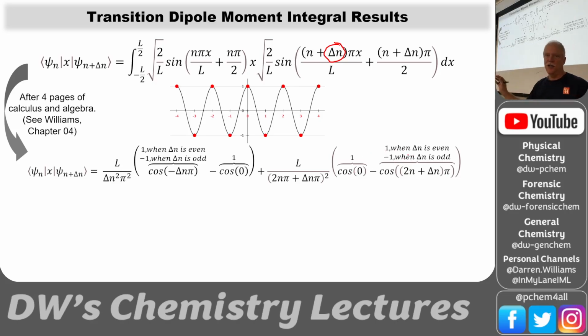It turns to 0 whenever we have a delta n of an even number. So if we're trying to go from 1 to 3, that's a delta n of 2. The math says that's not allowed. The intensity is 0. So even if the photon of light matches that difference, the wave functions won't let it jump.